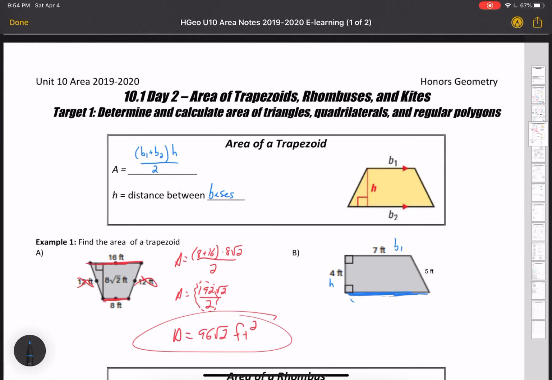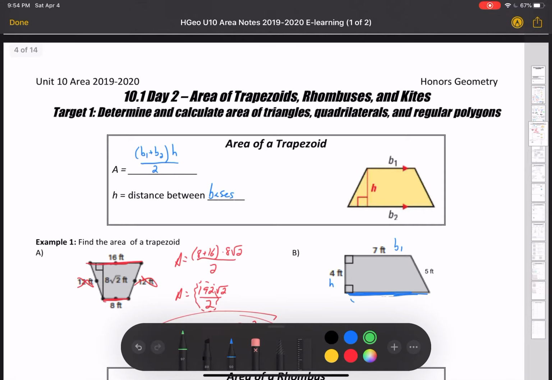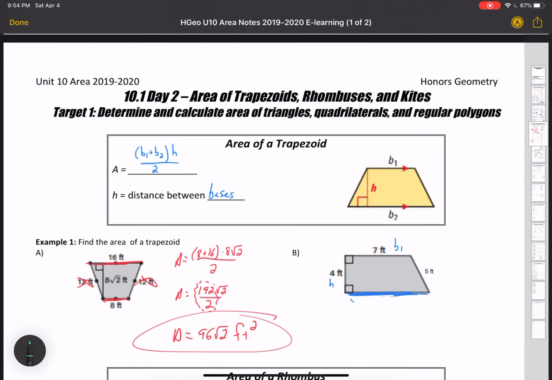What we can do is I'm going to carry that height of 4 over here. What that does is it breaks this up into a rectangle and a triangle. So I know this part of the rectangle is going to be 7 feet. Now I need to figure out this part of the triangle.